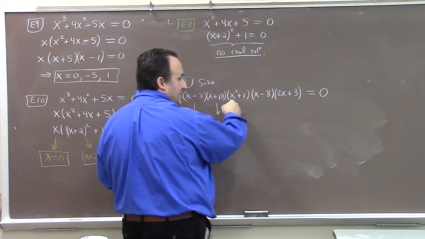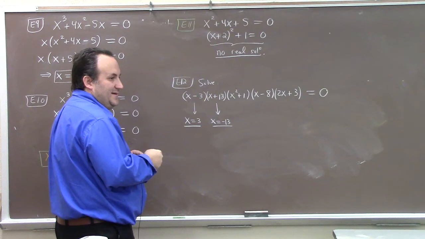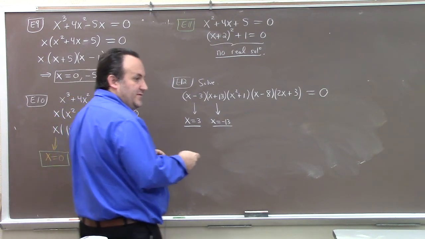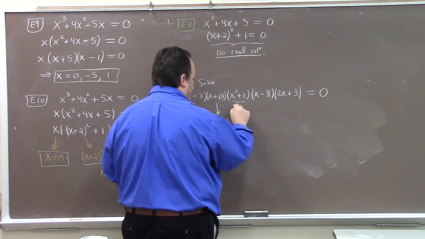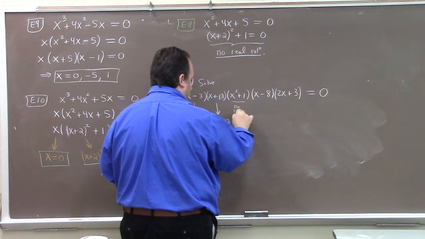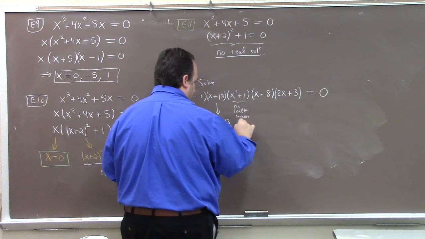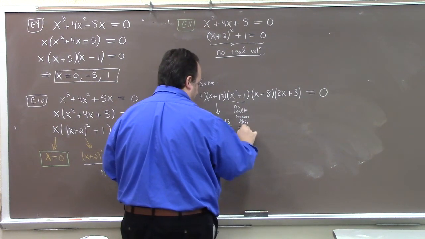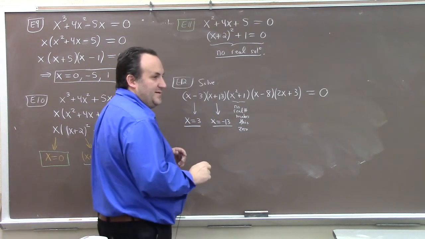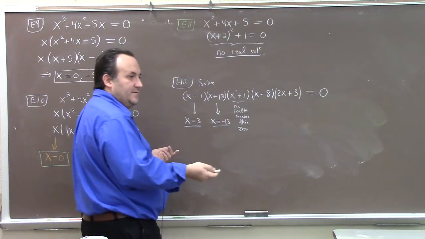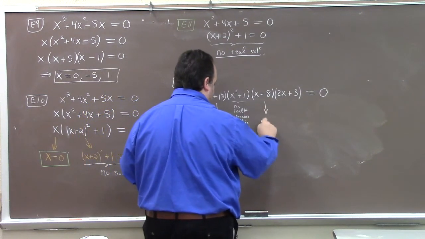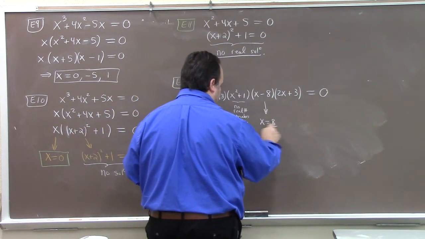Can x squared plus 1 be 0? It cannot. No real solution for this one. No real number makes this 0. I should have written bigger. My bad. x minus 8, can this be 0? That gives us the solution x equals 8.